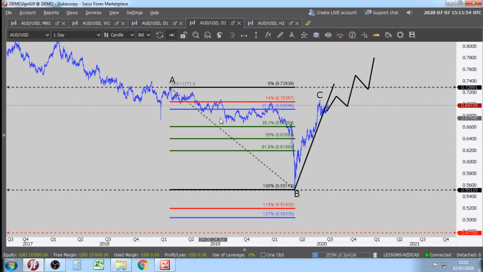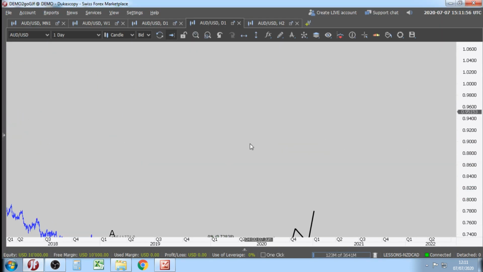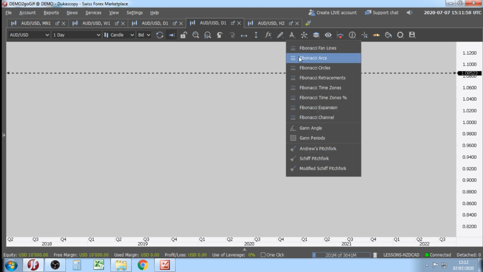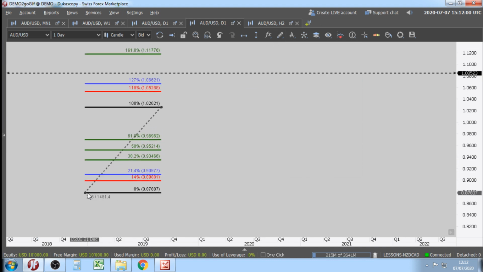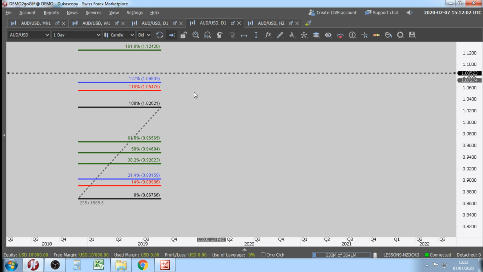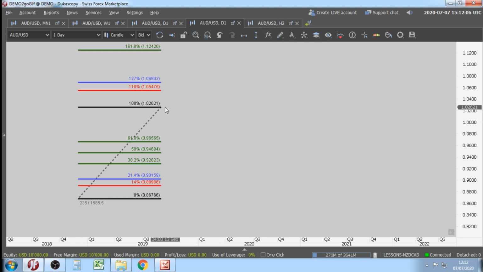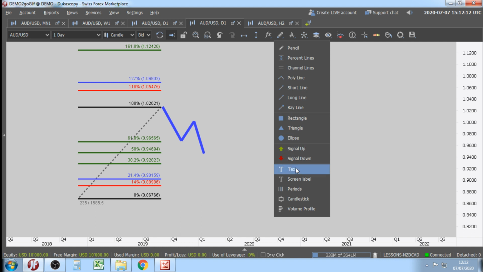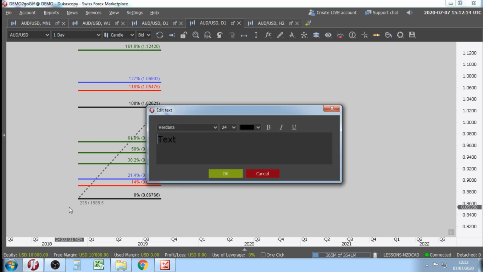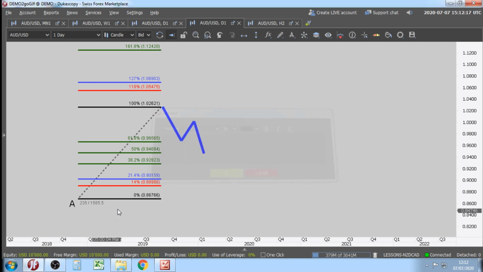Okay, now what does this mean, everybody? This means simply that if this is your original Fibonacci, and the market is retracing, making lower lows and lower highs, remember the original Fibonacci is stronger.